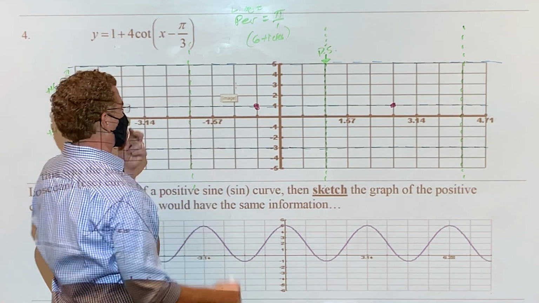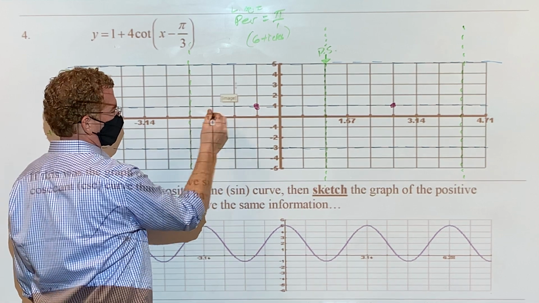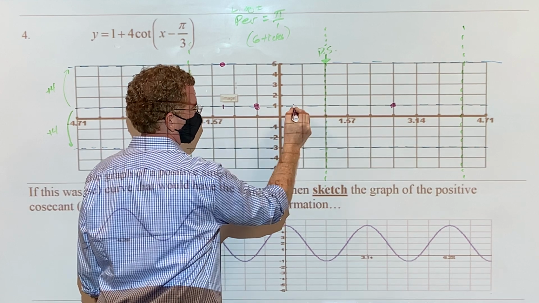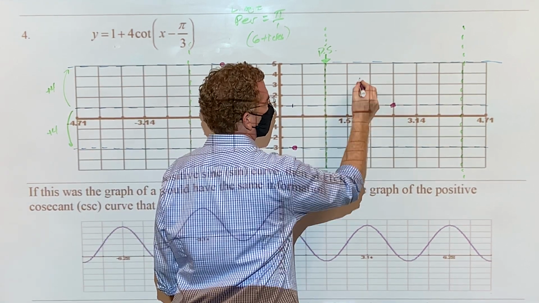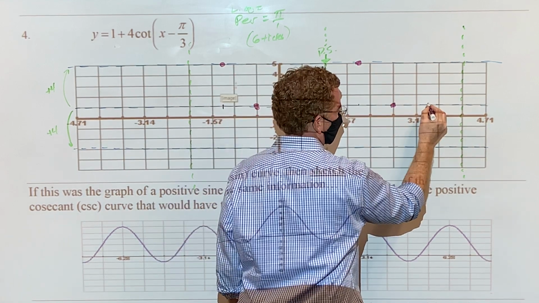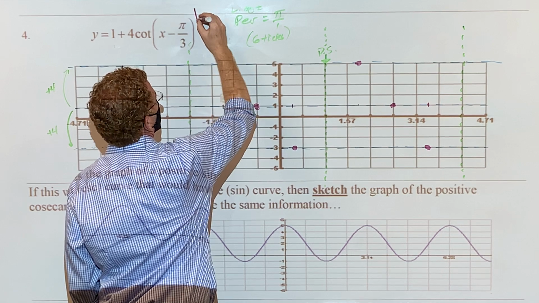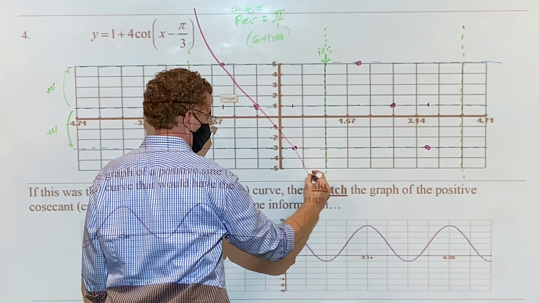So how do I mark that one out to the left? Halfway between here and here, I go up. Halfway between here and here, I go down. Same thing on the other one, halfway up, halfway down. And then I'm going to just follow the asymptotes with a smooth curve.